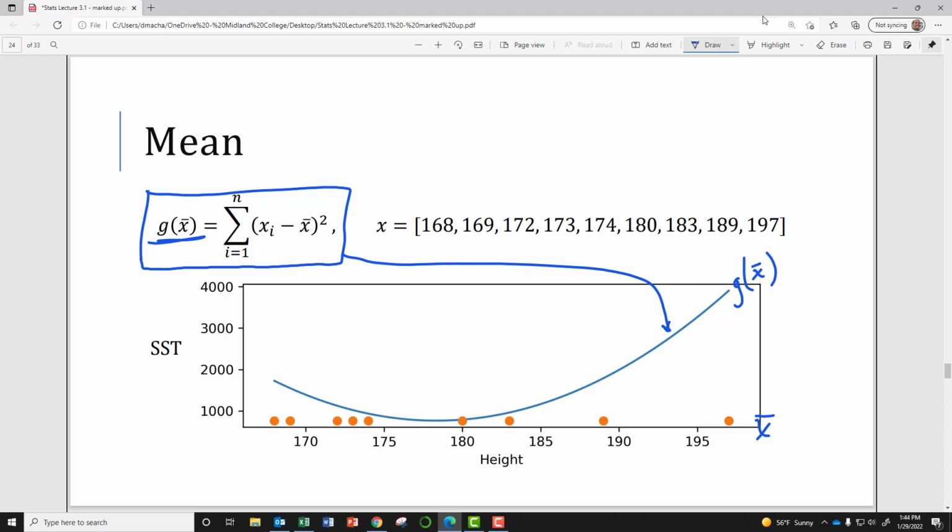If I choose, for example, 190 to be my value for x bar, the way you evaluate this function is you would say the corresponding value of this function, g of x bar, would be about 2,000. But I want the minimum value of this blue curve, and the minimum value of this blue curve seems to appear right here.